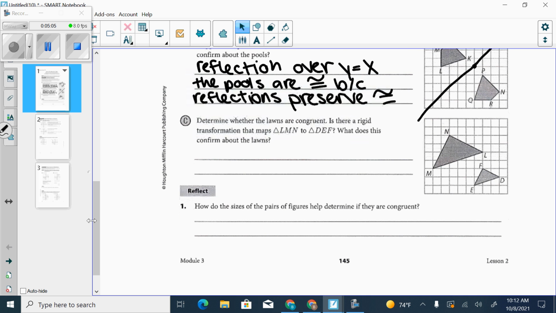Part C says, determine whether the figures are congruent. Is there a rigid transformation that maps triangle LMN to triangle DEF? What does this confirm about the figures? Okay. So, are these congruent? No. Well, we have to come up with a way that we can prove that. Okay, so we're going to come up with our scale factor so that we can show what it's been changed by.